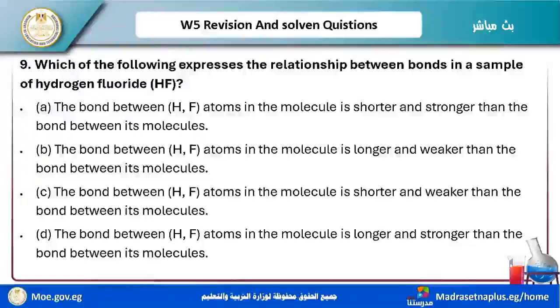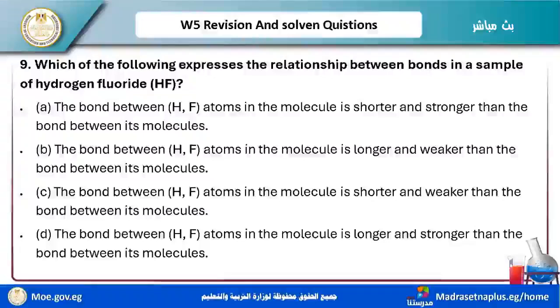The bond between hydrogen and fluorine atoms in the molecule is longer and weaker than the bond between its molecules. The bond between hydrogen and fluorine atoms in the molecule is shorter and weaker than the bonds between its molecules. The bond between hydrogen and fluorine atoms in the molecule is longer and stronger than the bonds between its molecules.